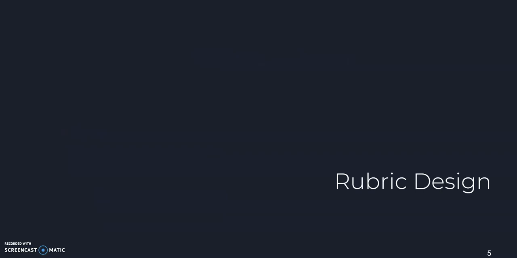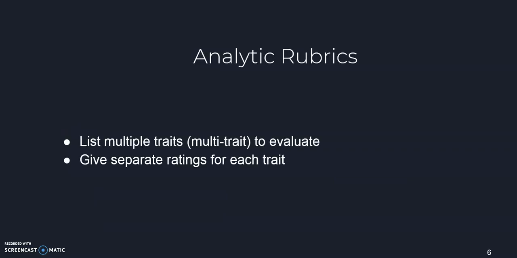So how do we design a rubric? Well, let's first clarify that we are focusing here on analytic rubrics. Analytic rubrics list multiple traits to evaluate at one time. So we're not just looking at the vocabulary. We might be looking at vocabulary use and pronunciation and the variety of syntactic structures.